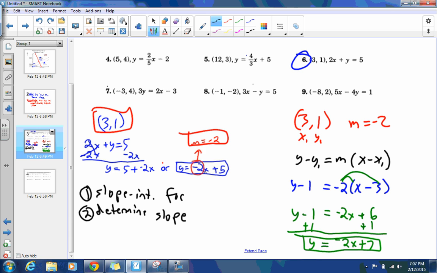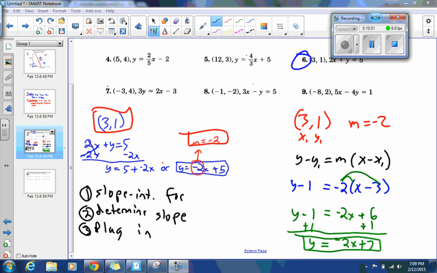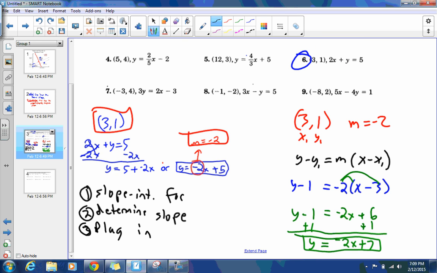And then 3 would be to plug in the point x1, y1, whatever you're given there, and m for point-slope form. Since you have a point and you have a slope, use point-slope form. And then you can go from there.